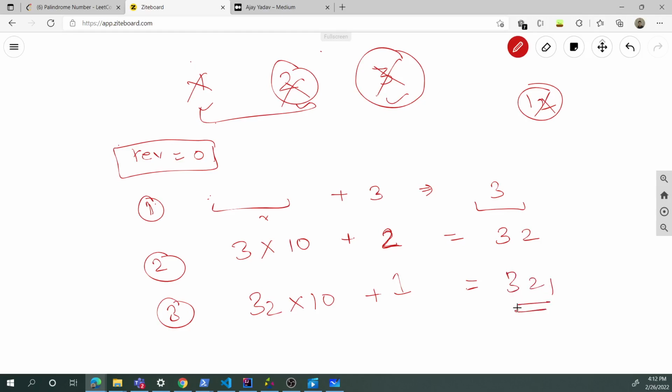But why did we follow this exercise? Let's try to understand that as well. When I write the number 1, 2, 3, this number is actually 100 plus 20 plus the unit digit 3.